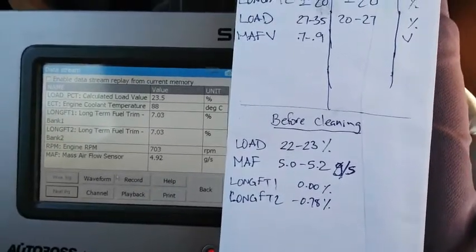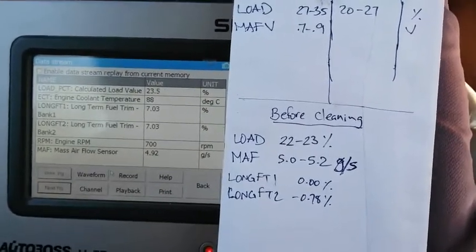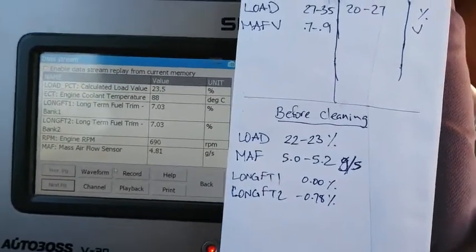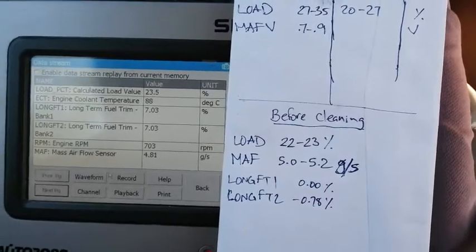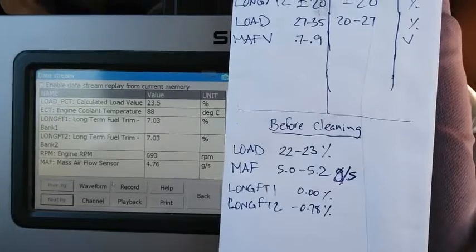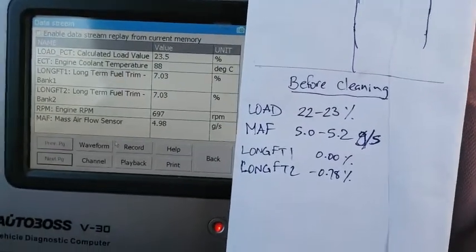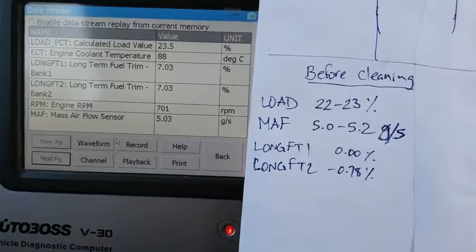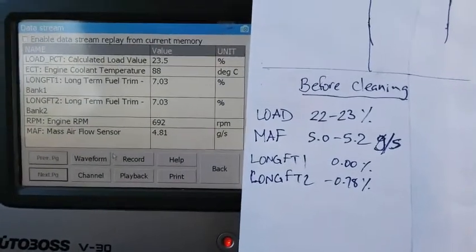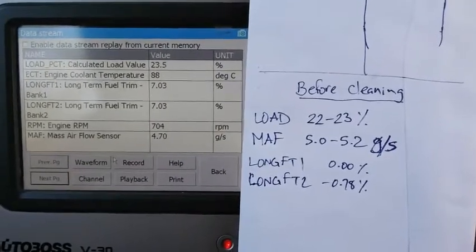That shows you there's a potential problem, either a fuel delivery or a mass airflow sensor problem. In this case, we did have a partially dirty mass airflow sensor on one of the hot resistors. So after cleaning it, our long-term fuel trims did increase to 7%.